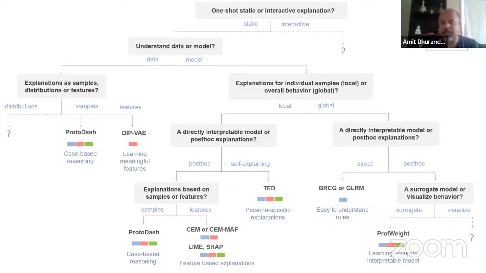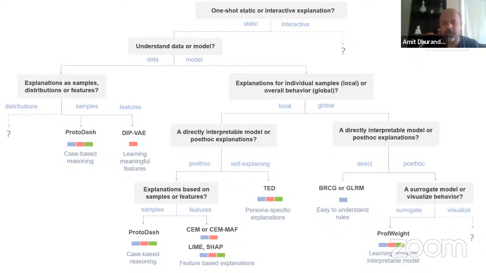Self-explaining is where your model is not directly interpretable, like a decision tree where you know globally what's happening, but it is able to give you explanations for individual instances. You cannot interpret the whole model, but it itself gives you explanations for why, for example, it classified this cow as a cow. It might show you some pixels, so you don't have to apply some additional algorithm on top. Those are self-explaining methods.